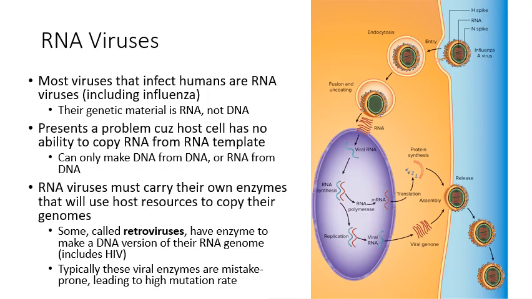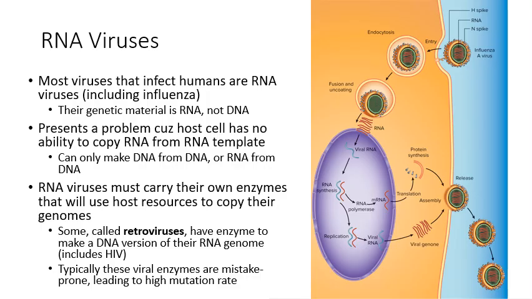RNA viruses usually will have a really high mutation rate because the enzyme that they use to copy their genome typically is not very good at doing that. It makes a lot of mistakes, and those all end up as mutations. And this is typical both of influenza and the COVID virus, actually. Both of those are RNA viruses.